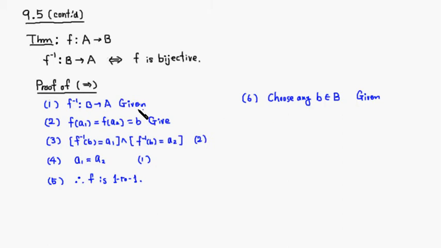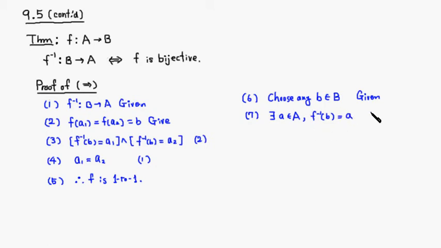All right. Since f inverse is a function on B, line 7, there exists an element a in A, actually a unique element, such that f inverse of b is equal to a.